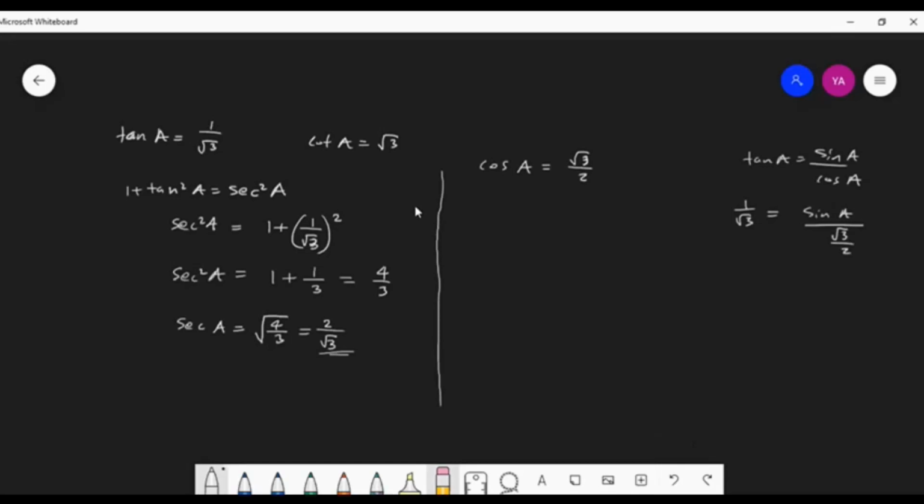Taking this to the left side, we get 1 by root 3 into root 3 by 2 is equal to sin A. The root 3's cancel, so sin A is equal to 1 by 2. So what will be cosec A? Cosec A will be the reciprocal, so that is 2.